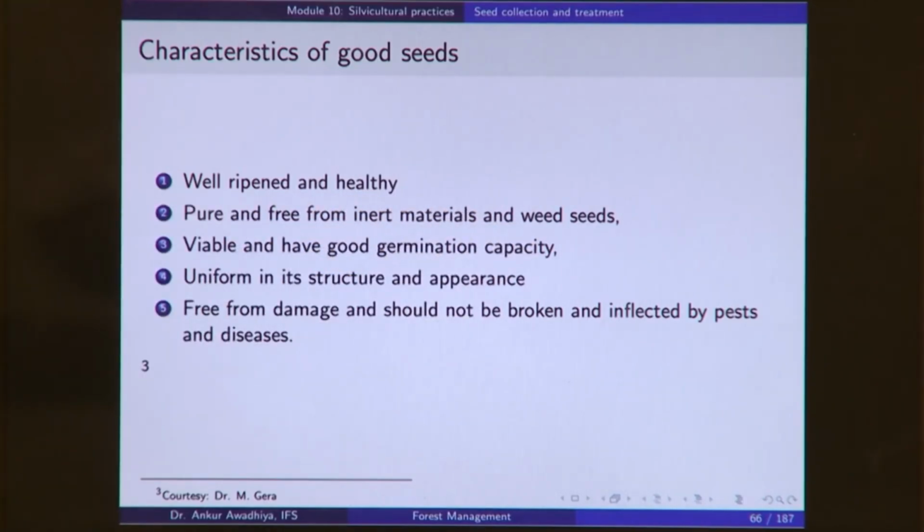So, when you are doing seed collection and these seeds are collected once they have fallen to the ground, you will also have some amount of inert materials such as dirt, twigs or leaves. Also there is a chance that other impurities such as other seeds also get in.